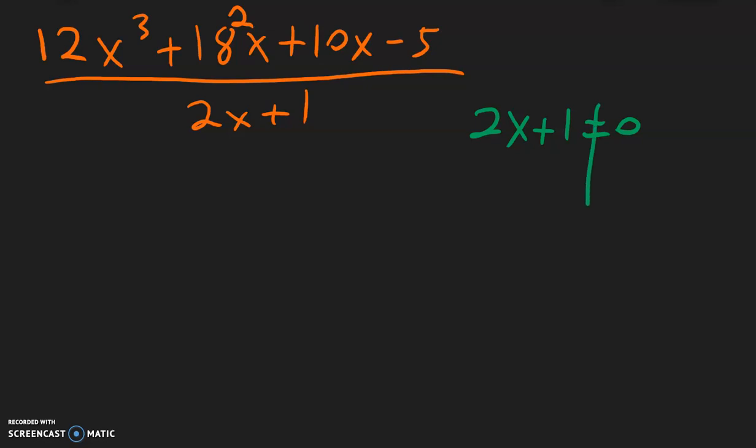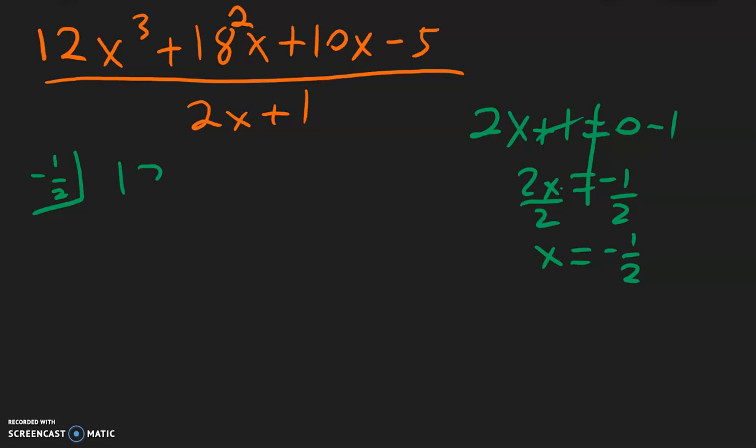So move the 1, so that becomes a negative 1. We have 2x equal to negative 1, then divide by 2. So we have negative 1 over 2, so negative 1/2. And now we can put this over here, negative 1/2, and everything else is like before.